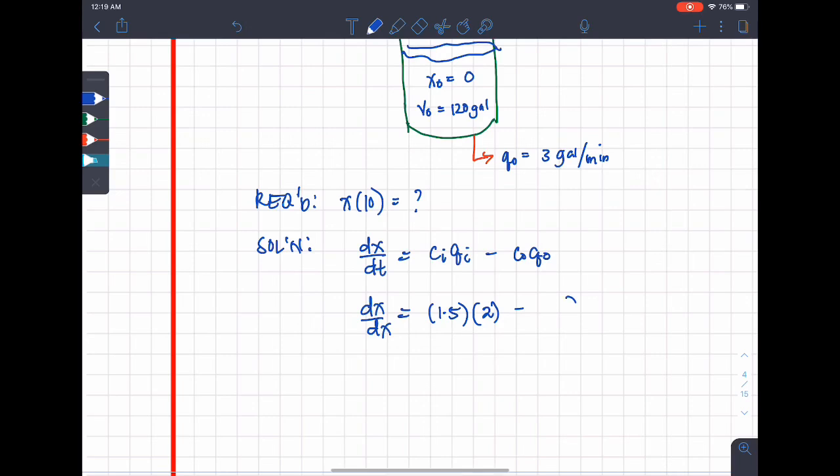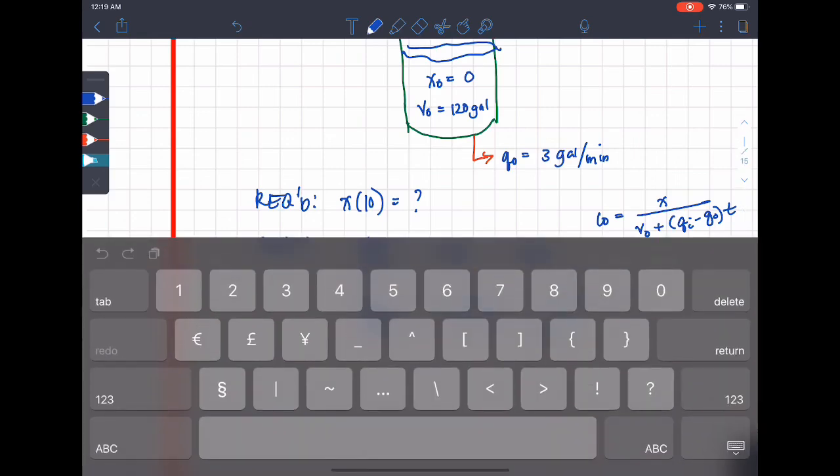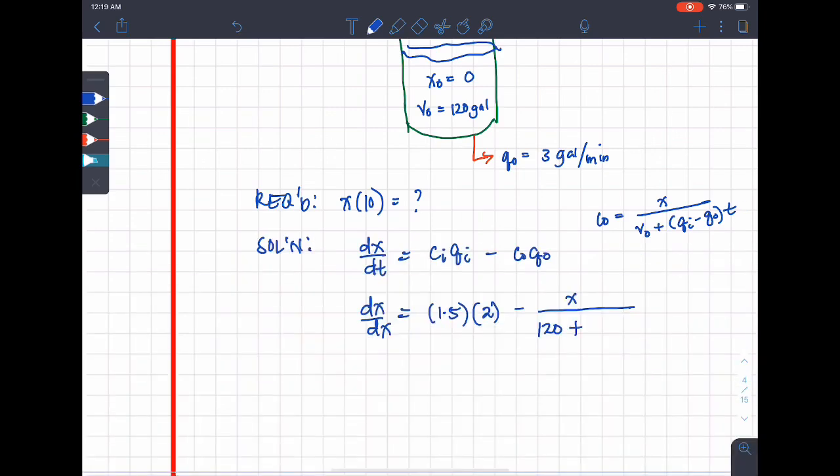Our output concentration, using the formula we used before, C out is equal to x over the initial volume plus (Qi minus Q out) multiplied by t. So our initial volume is 120, plus (Qi is 2 minus 3) multiplied by t. And afterwards we multiply by our Q out, which is 3.